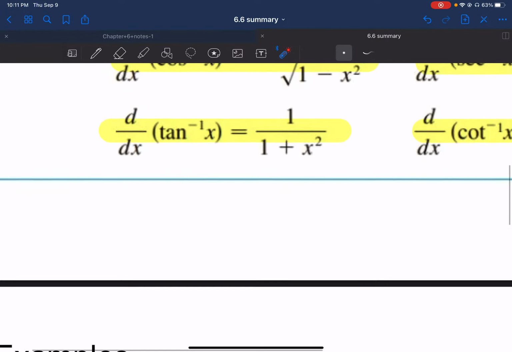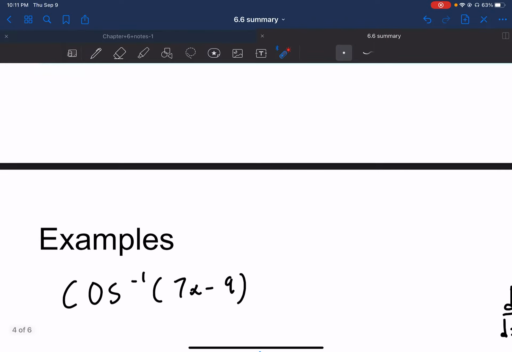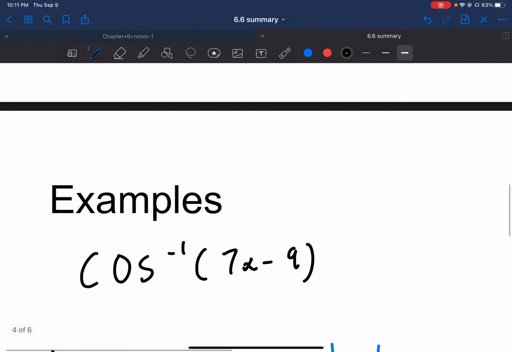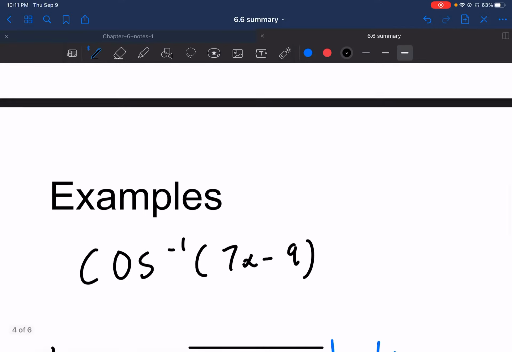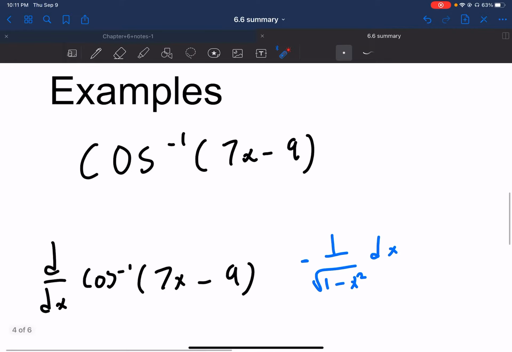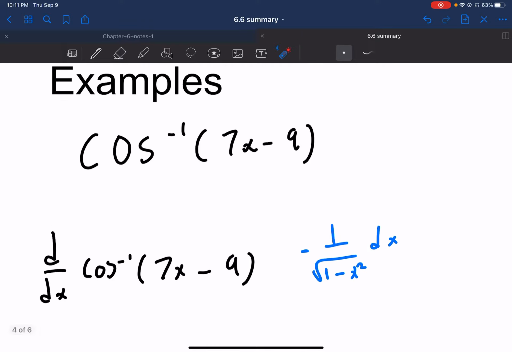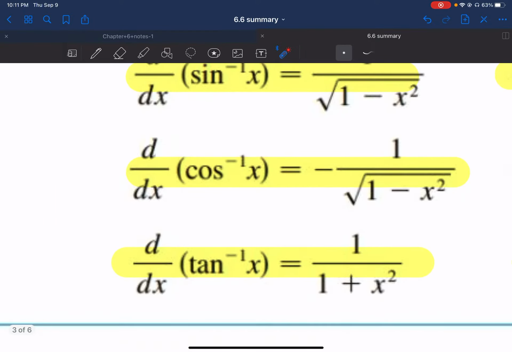Now moving on to the examples. Start off with this first one. We have cosine inverse of 7x minus 9. If we want to find the derivative of that, d over dx of cosine inverse of 7x minus 9, we look back at the formula up here, which is negative 1 over the square root of 1 minus x squared.